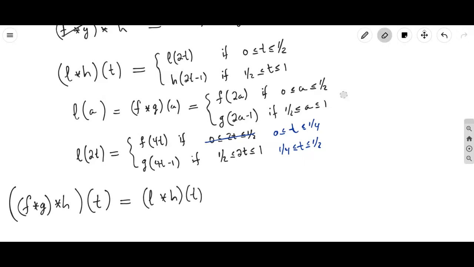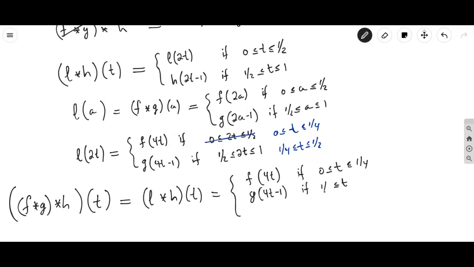All we've done is L represented this. But now, when you open this up, you have L of 2t. So it will have 3 pieces here. It would be f of 4t if t is between 0 and 1/4. Then it would be g of 4t minus 1 if t is between 1/4 and 1/2. And then finally, it would be h of 2t minus 1 if t is between 1/2 and 1.